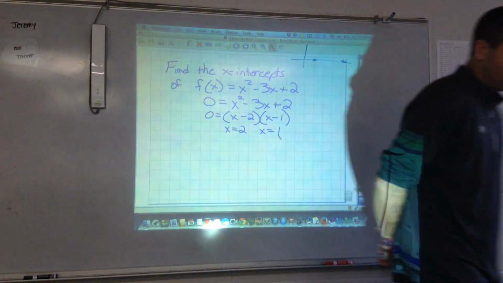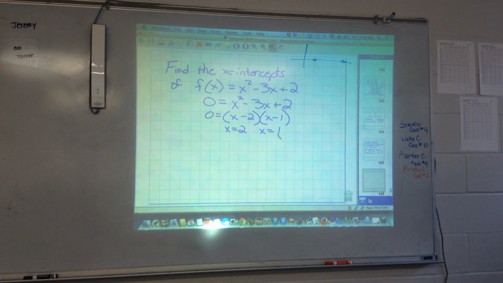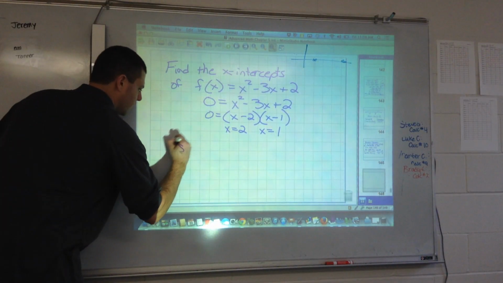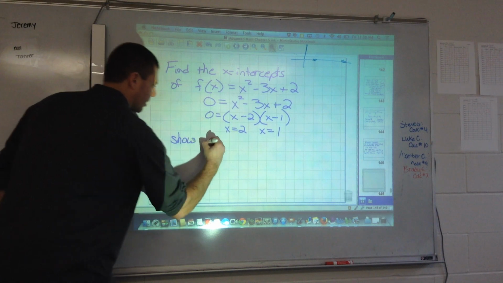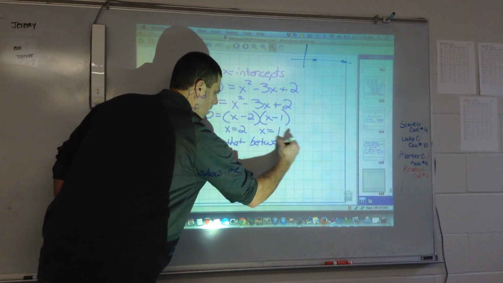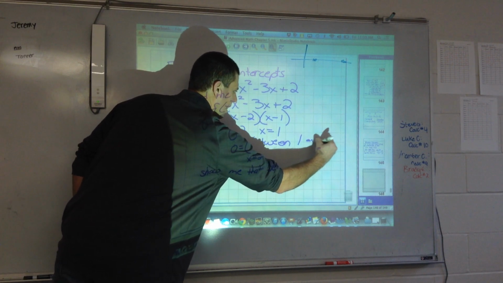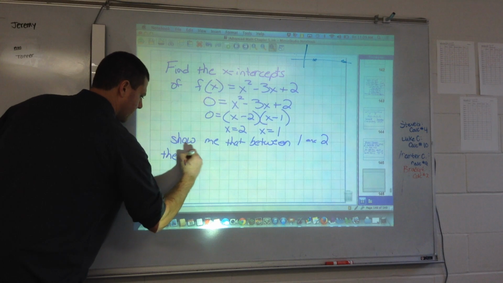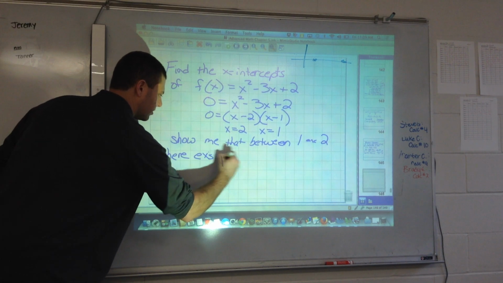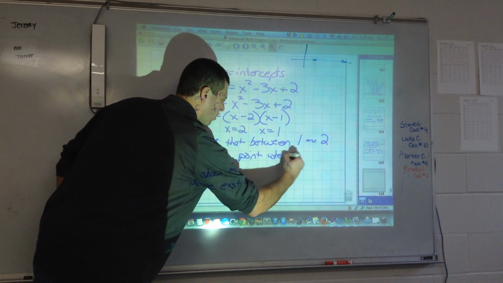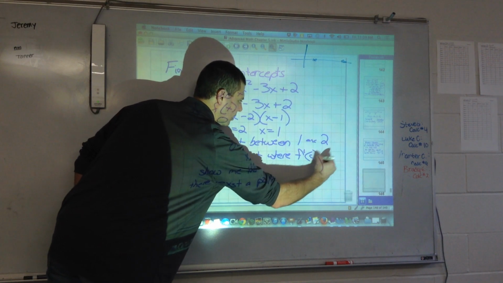And now that we know the x-intercepts, I want you to show me that between 1 and 2, there exists a point where f prime of c equals 0.